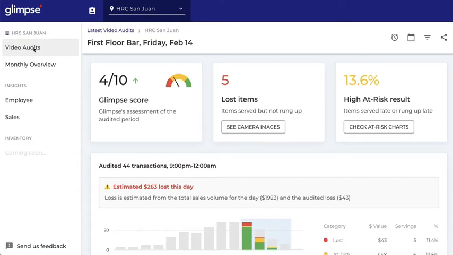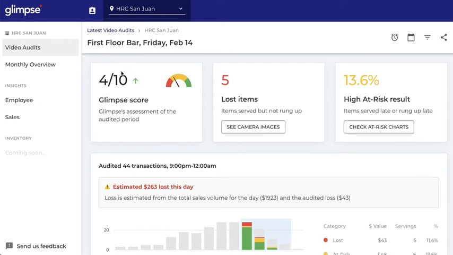Starting with the video audits at the top, as you log in, you will now be able to see the data in a clearer picture. The most recent audit is always displayed first. At the very top left, we have now introduced a glimpse score.